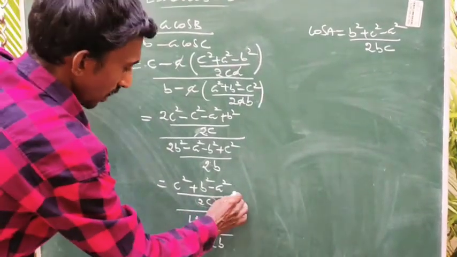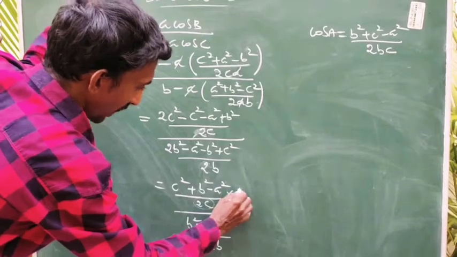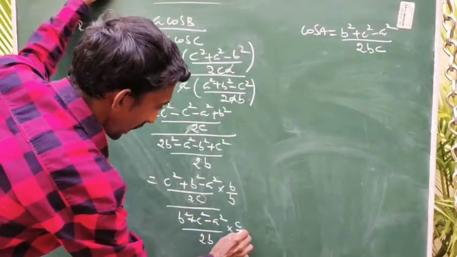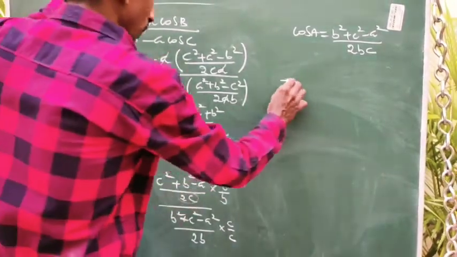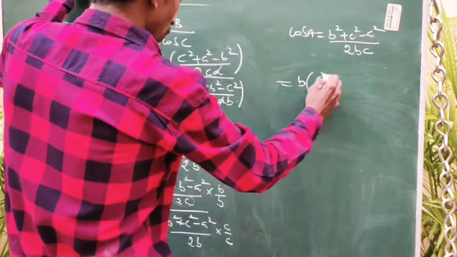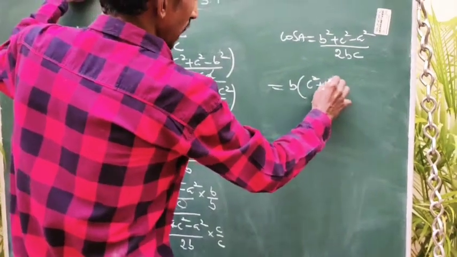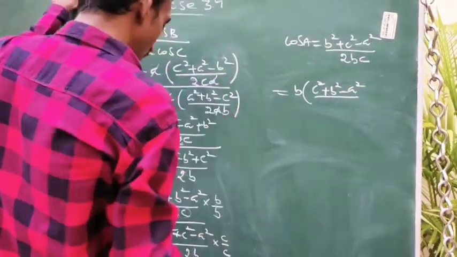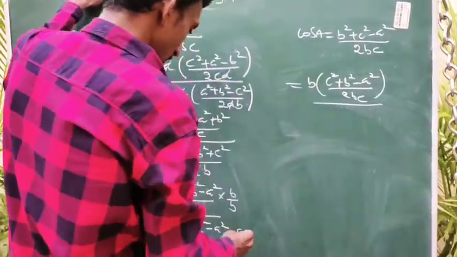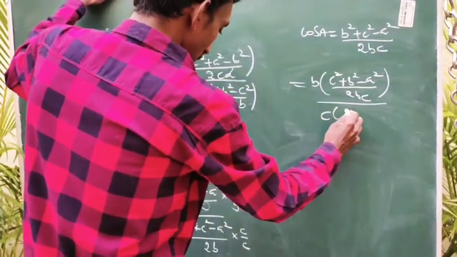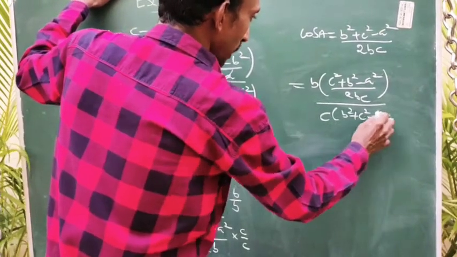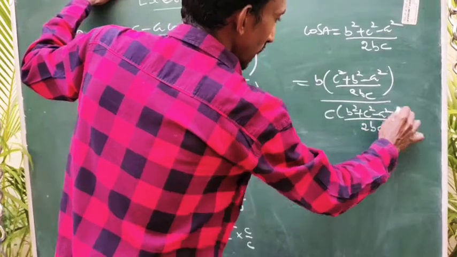So in the numerator multiply and divide by b, and in the denominator multiply and divide by c. So it becomes b into (c square plus b square minus a square) by 2bc, divided by c into (b square plus c square minus a square) by 2bc.